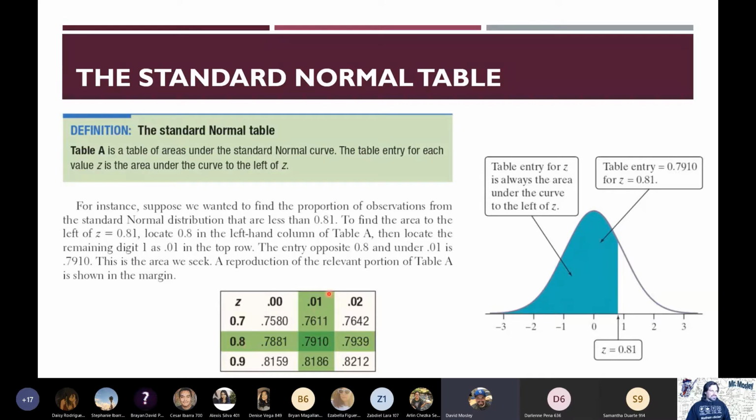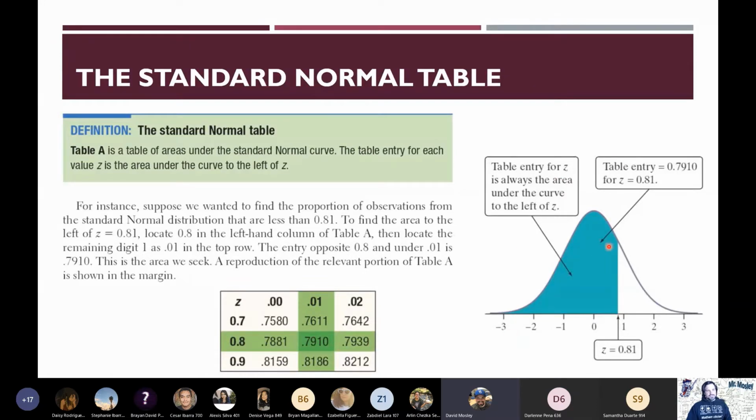When I put these two together, 0.8, 0.01, I get 0.81. The entry opposite 0.8 and under 0.01 is 0.7910. This is the area we seek. So this number here at the intersection of those two values, 0.7910, is the proportion of the observations less than 0.81.